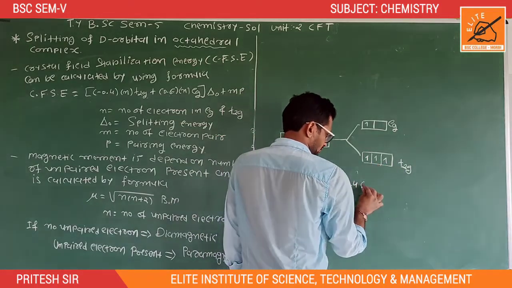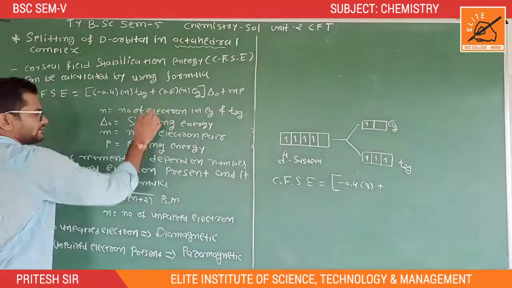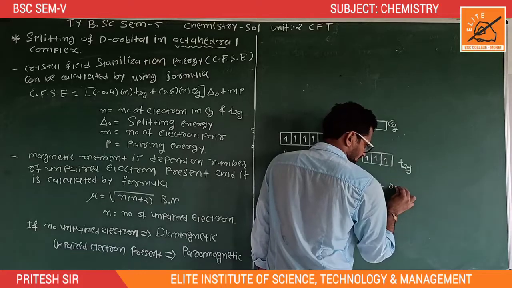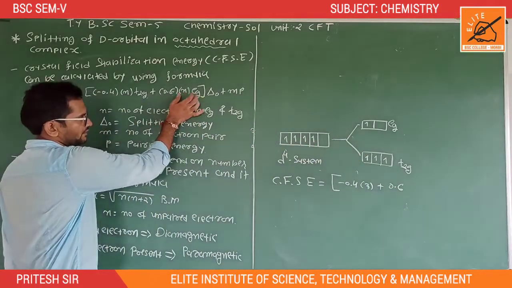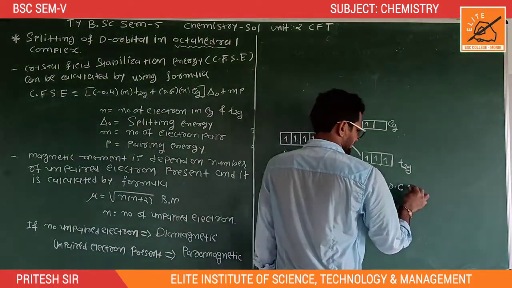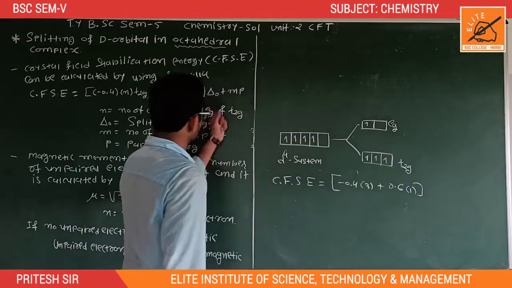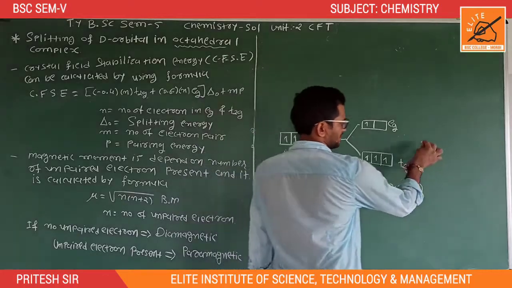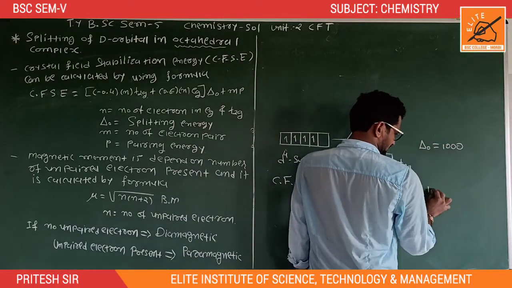It means 3, plus 0.6 n eg, where n means the number of electrons in the eg orbitals. Here one electron is present in eg. Delta octahedral is not given; suppose it is 1000.